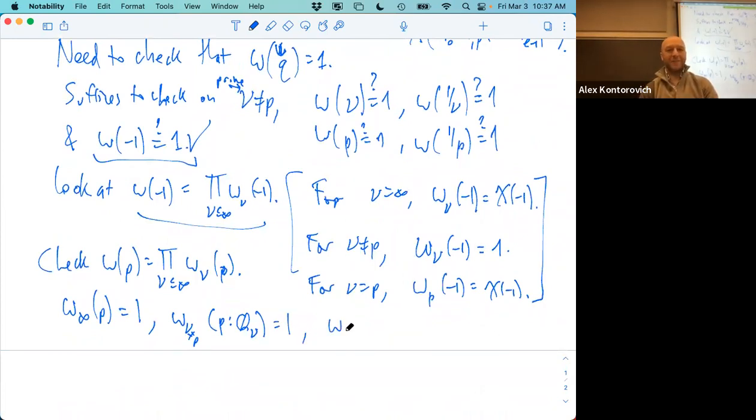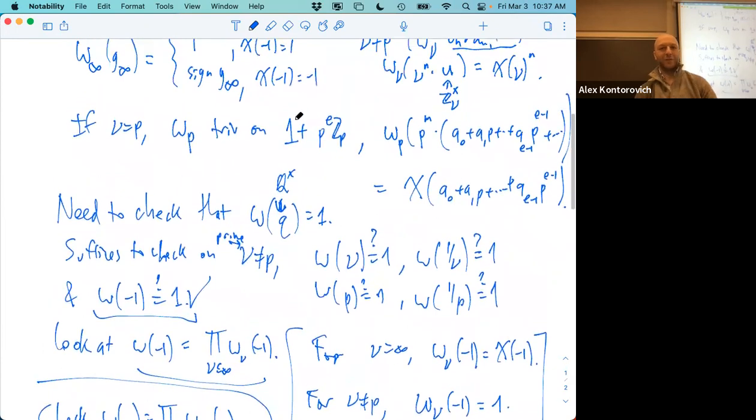And finally, what happens at P? When nu is equal to P, so this is different from this, here's what we do at the ramified place. It's trivial on this. So we apply the Hecke character to this part, and we shift by multiples of P. In our case, P is 1, M is 1.